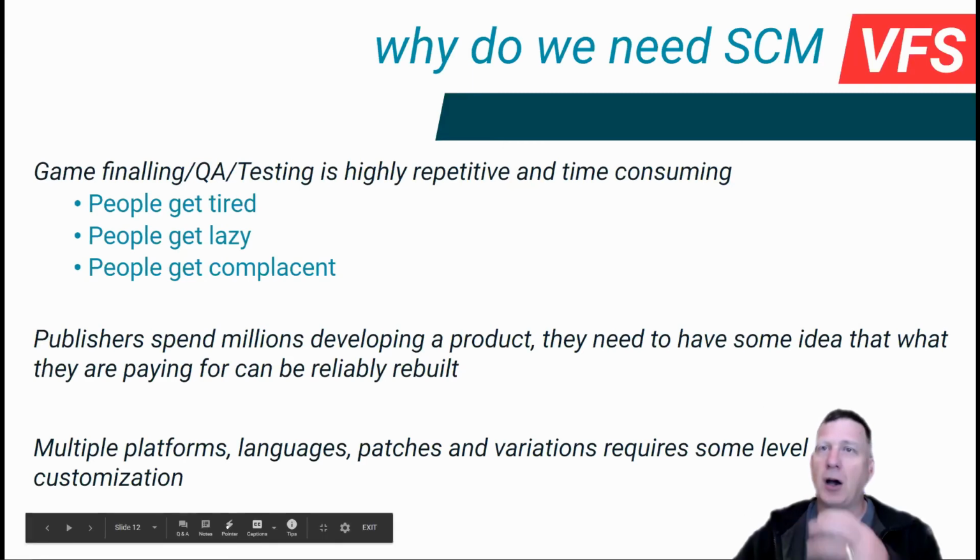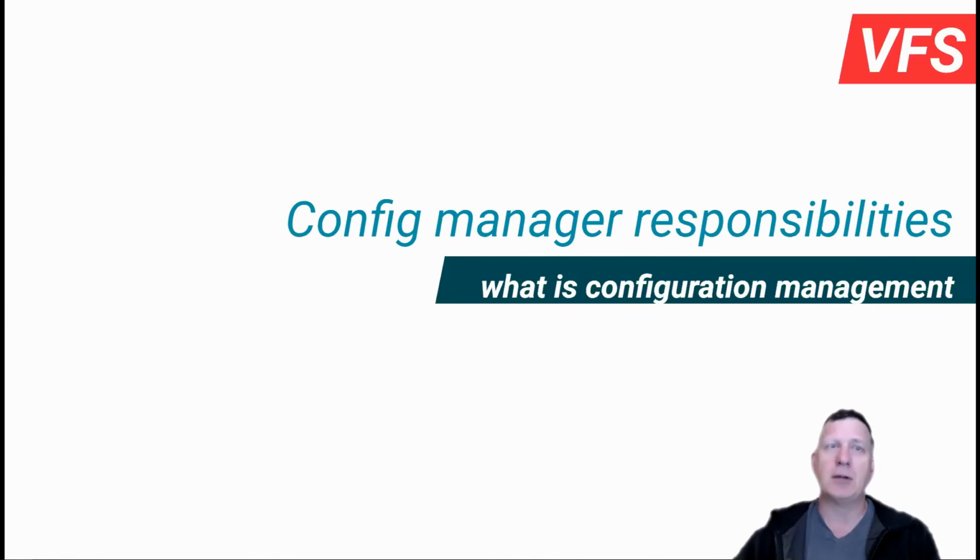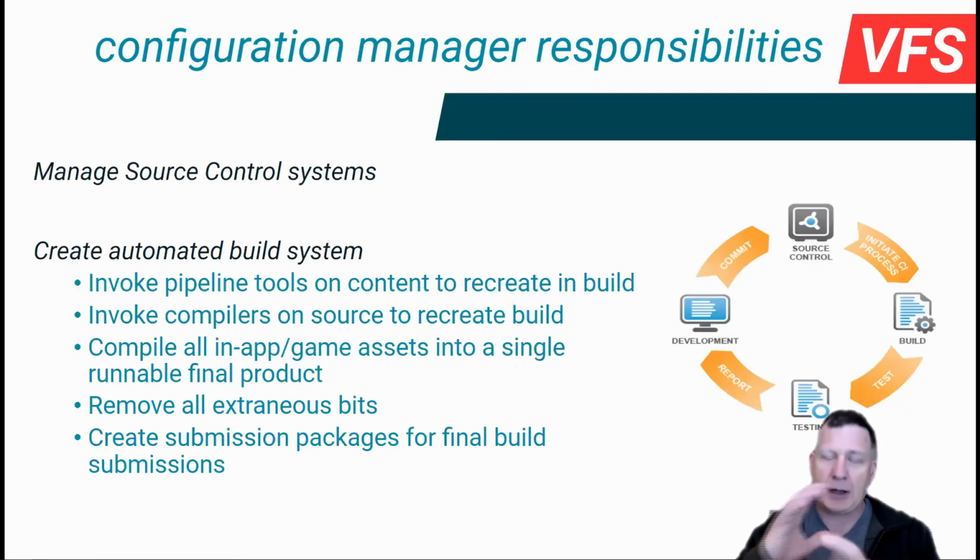So we want to automate all of those things. So we start with this kind of notion of a software configuration manager, and we build out an idea of the kind of things they're responsible for.